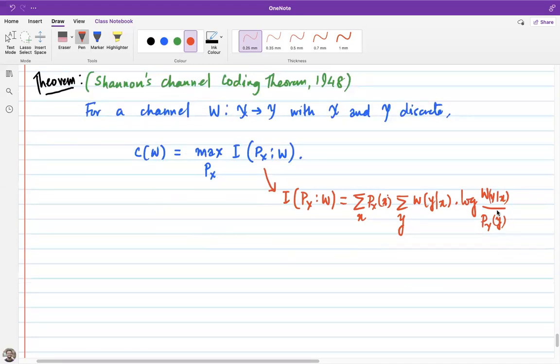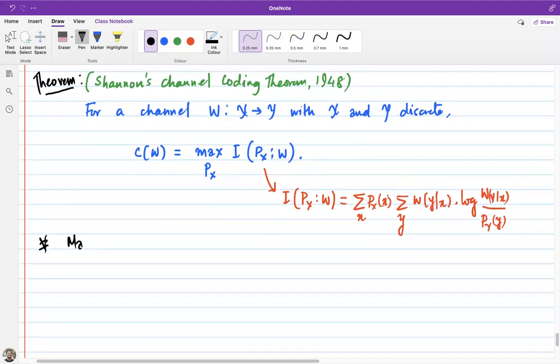Okay. Since you know the conditional probabilities, and assuming some distribution over this input alphabet X, which is Px, you can basically compute this particular information. It's just that you need to find the maximum value of that, and this maximum is taken over all possible distributions you can find over this input alphabet X. Okay.